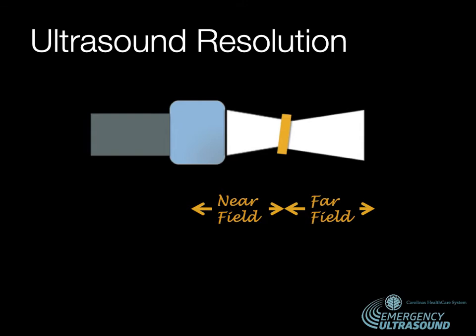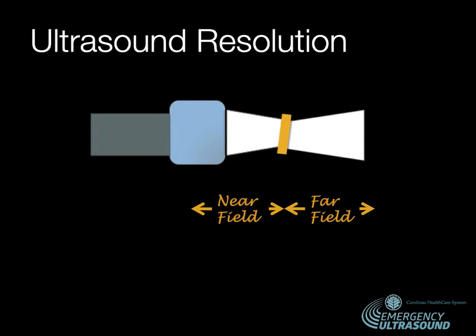Your focal zone, so this is something that we can set on the ultrasound machine, should be the center of your object. So we can control where your focal zone is and place it on the ultrasound machine to line up with what you want to visualize. We refer to the near field as the area that is closer to the transducer, so closer from the focal zone to the transducer, and you usually have more precise imaging in your near field.